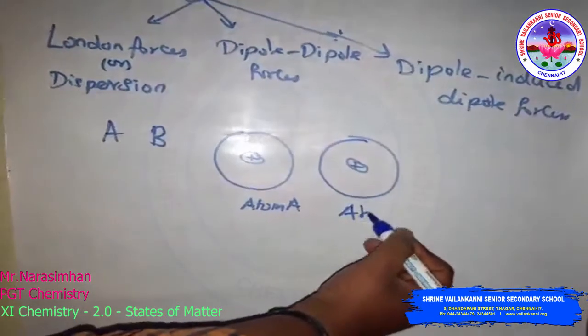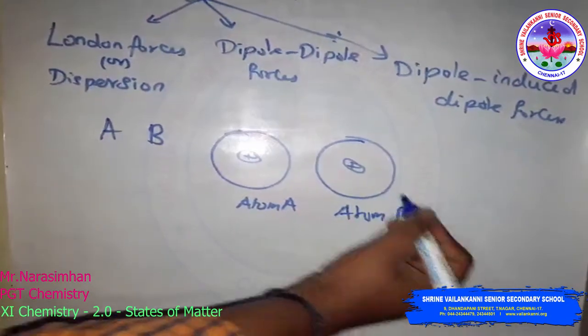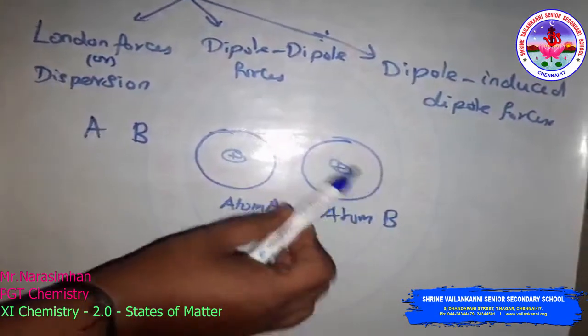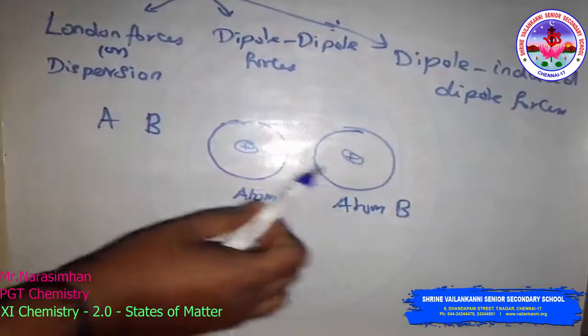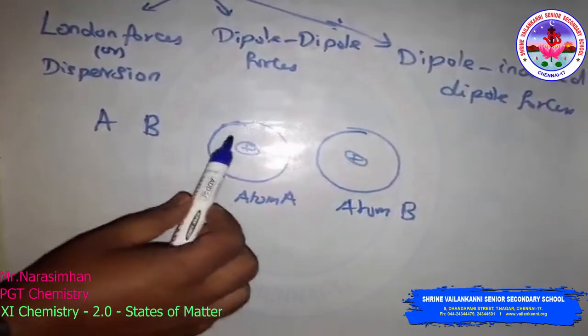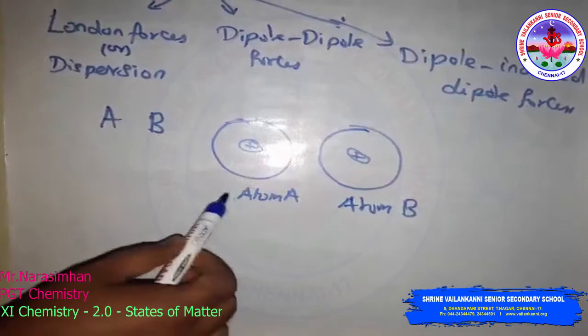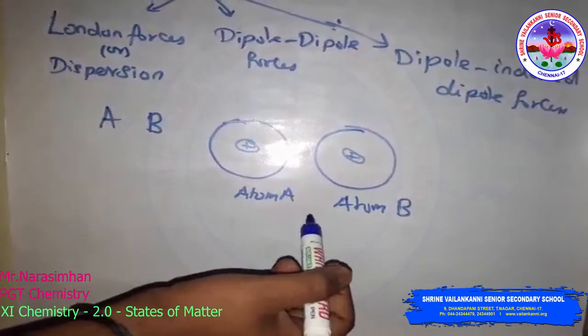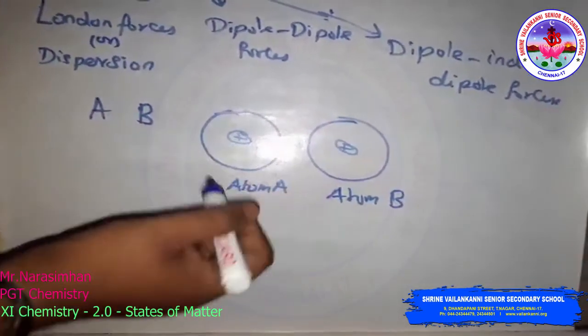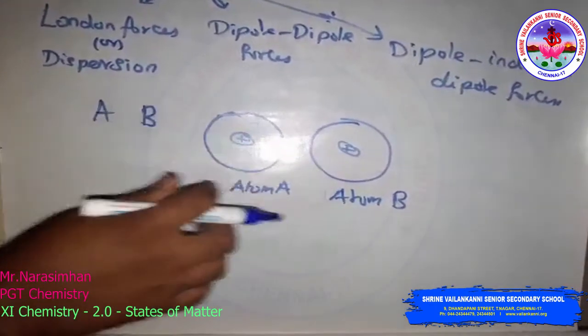Here, momentarily, the electronic charge distribution on one of the atoms, that is atom A, becomes unsymmetrical, that is, the charge cloud is more on one side than on the other side.